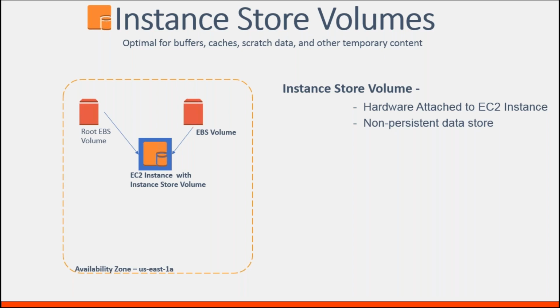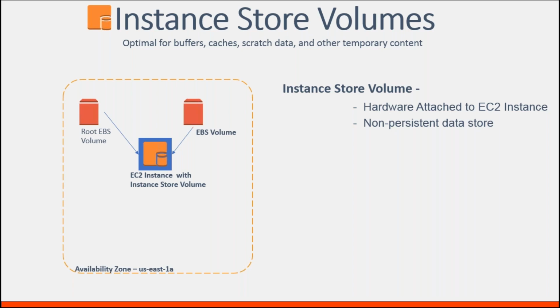Not persistent means that the data is not going to be stored permanently. Whenever your instance goes for a reboot, the data stored in the instance store volume will automatically be wiped off.